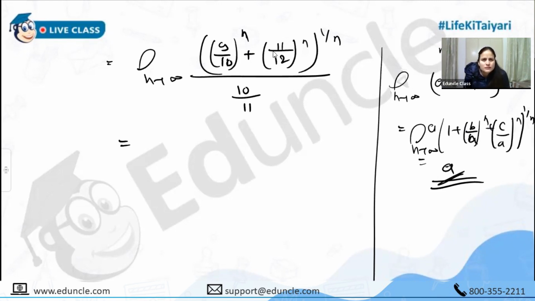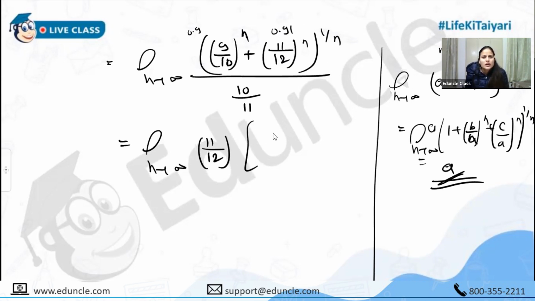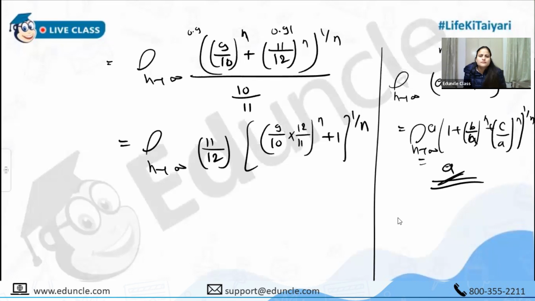So here the maximum will be this one. You can compute, because this value will give you 0.9 only, and the other will give you something close to 1. So I need to take 11 by 12 to the power n outside, and with 1 by n that power comes out, and we get 9 by 10 upon 11 by 12 to the power n plus 1, and the whole power is 1 by n, upon 10 by 11.